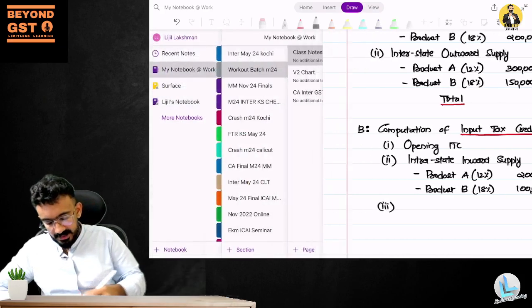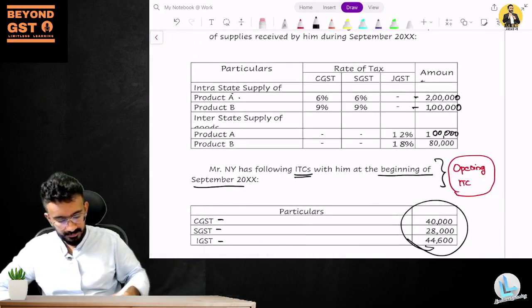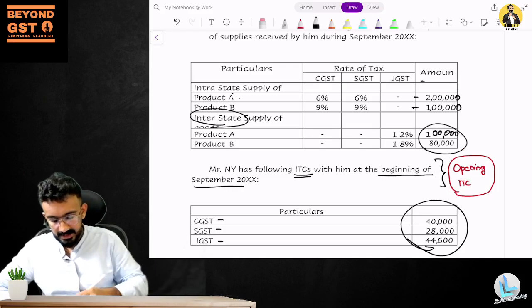Now I have interstate purchases also, right? Interstate purchases of 1 lakh and 80,000.